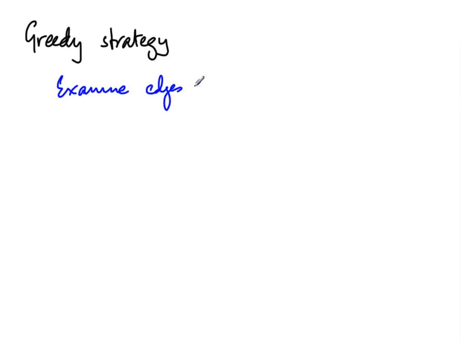So there is a natural greedy strategy that one can think of, given that we want to minimize the cost. Okay, and the greedy strategy is to examine edges in increasing order of cost. Right?